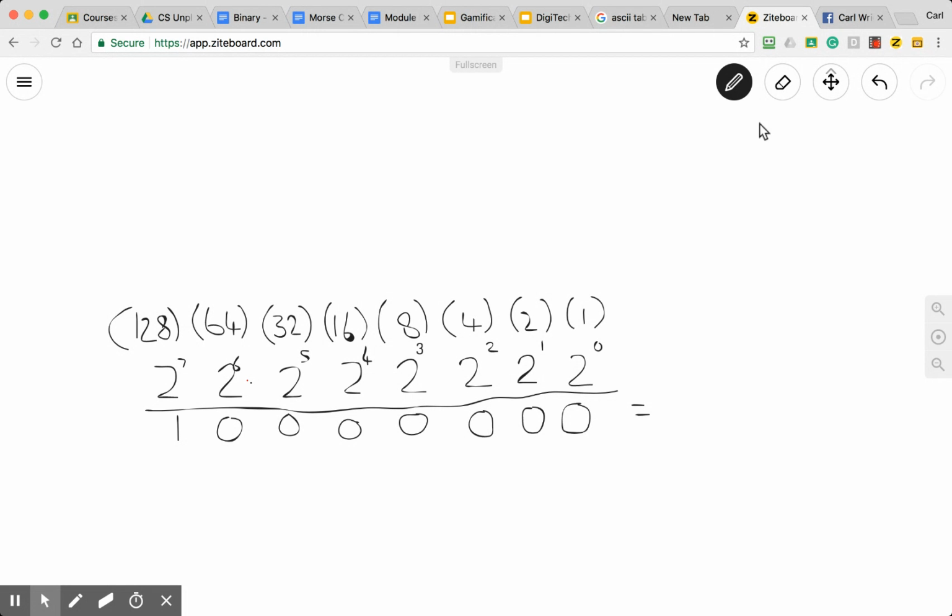To get 129, I add a 1. If all these here are 1s and this is a 0, that number would be 127. When they all switch to 0 and then just 1, it goes to 128.